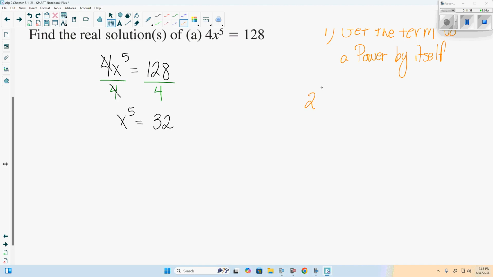Step number 2. Take the nth root of both sides. Now, what would our nth root be?